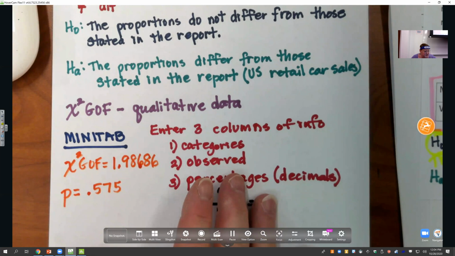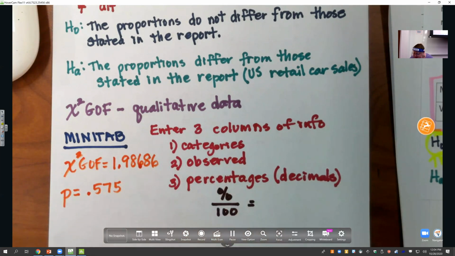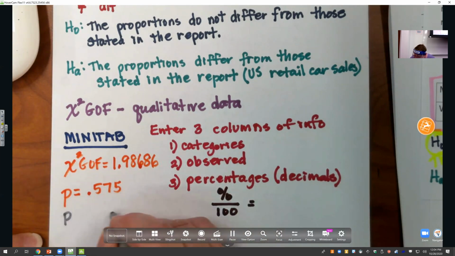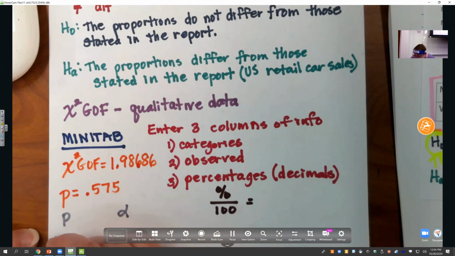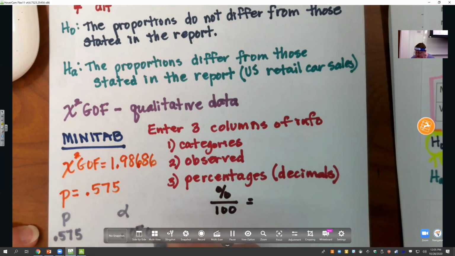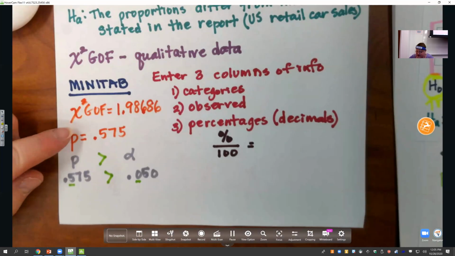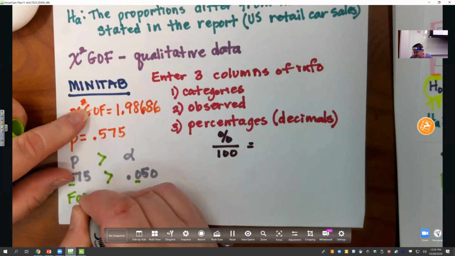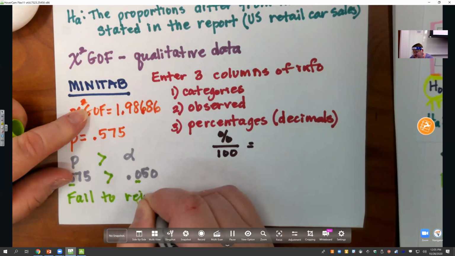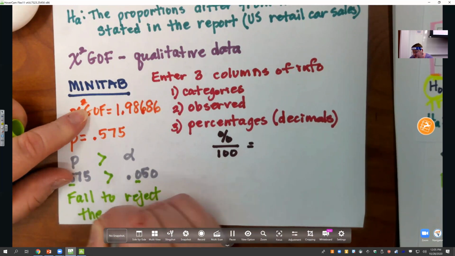Then you still make the decision, just like we did before, between P and alpha. We have 0.575 compared to 0.05. And I have 5 compared to 0. 5 is greater than 0. P is greater than alpha. If P is greater than alpha, we fail to reject the null.